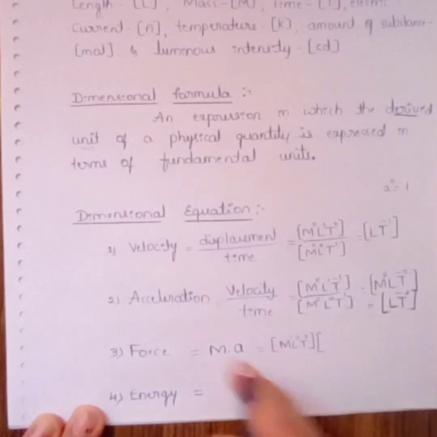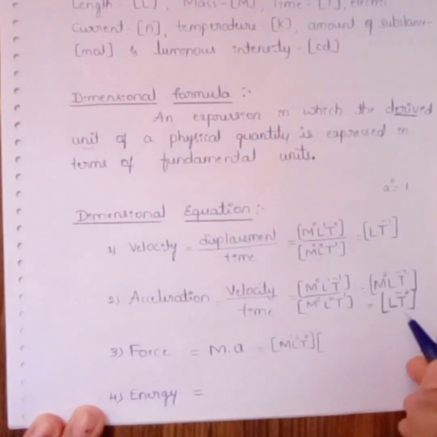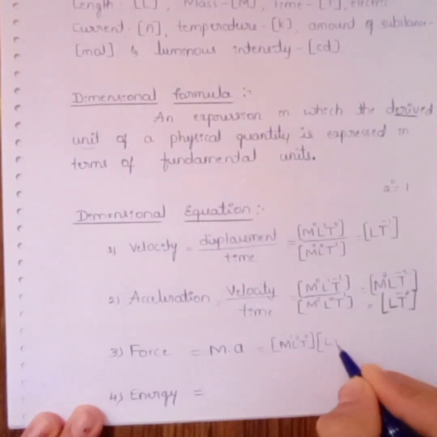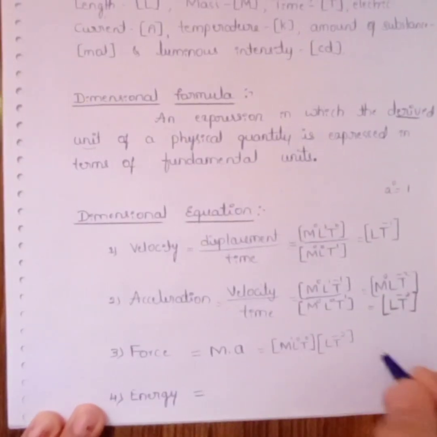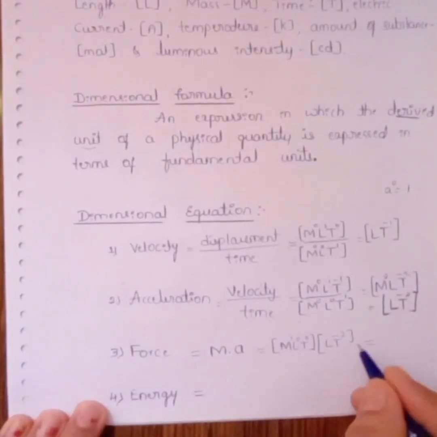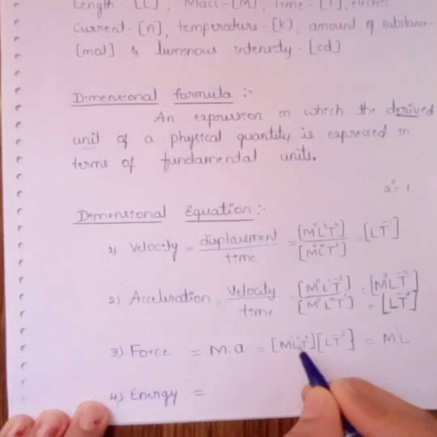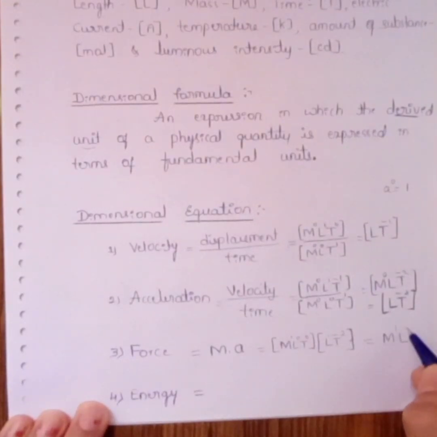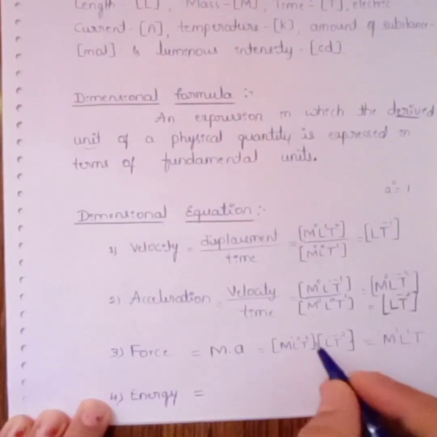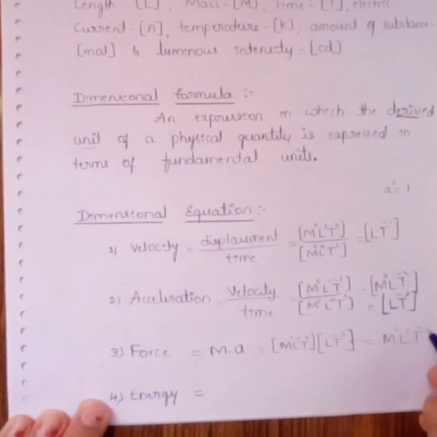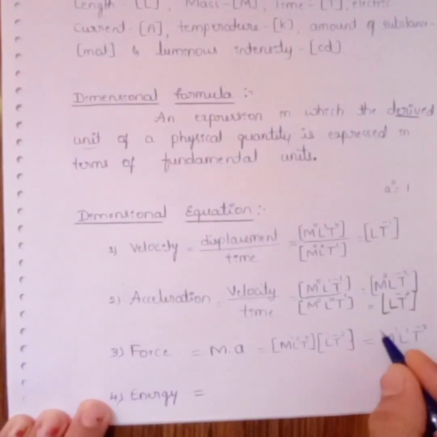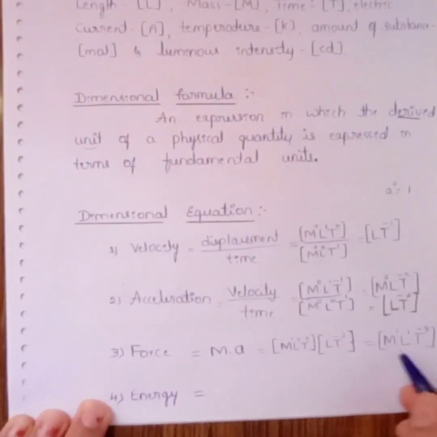For acceleration, we know acceleration dimensional equation is LT minus 2. Just by equating both, we can get M1 L1 T minus 2. So dimensional formula for force is MLT minus 2.